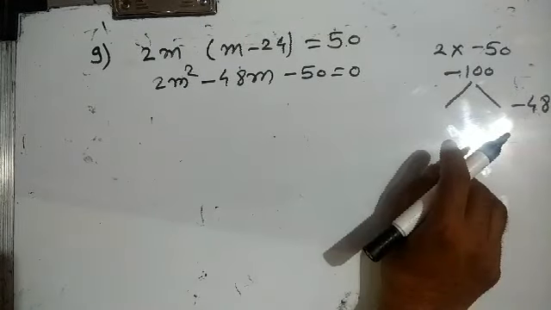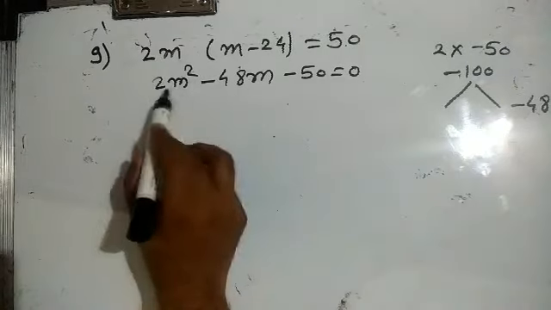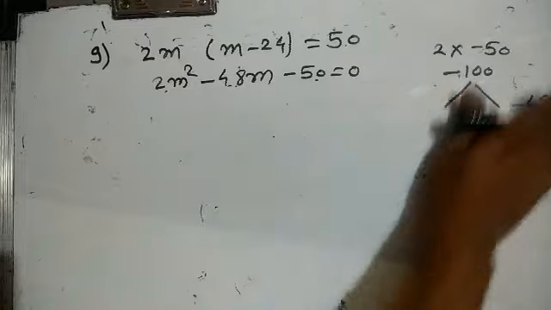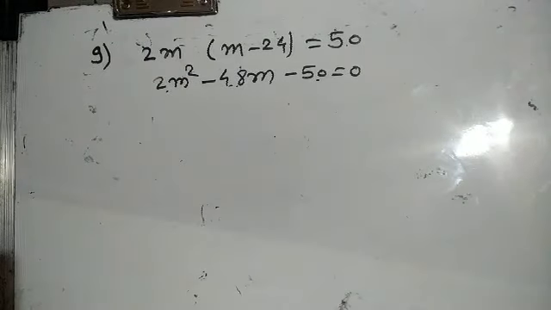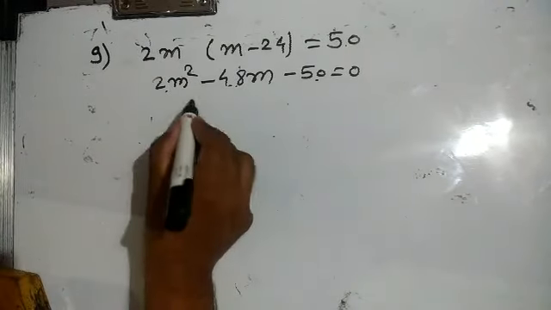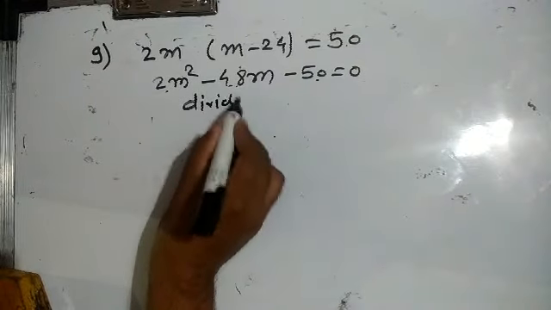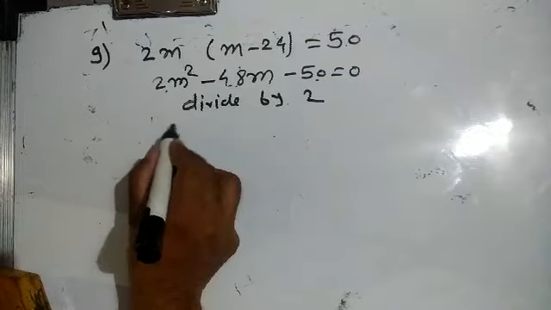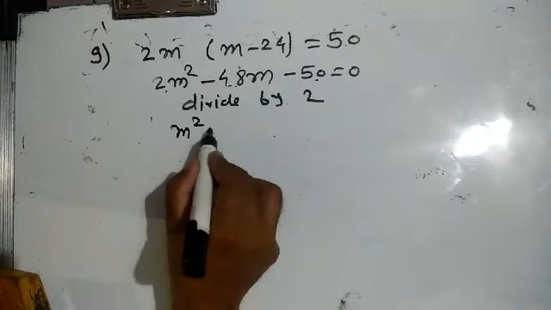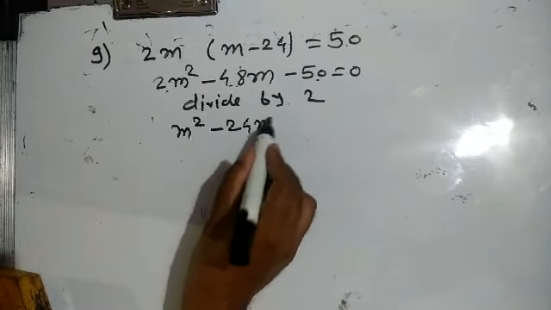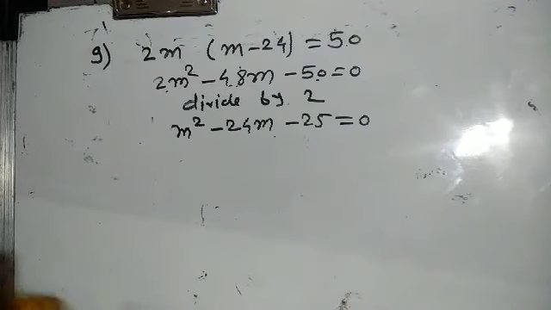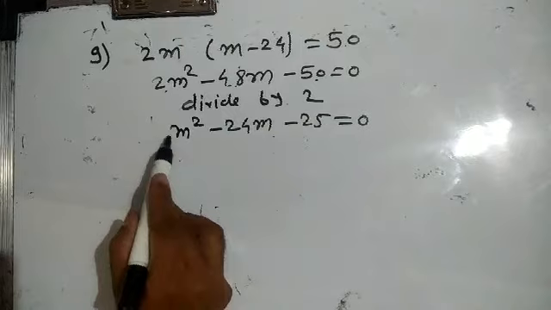There is another way to solve the same problem, because this 2, minus 48, minus 50 are all multiples of 2. Therefore instead of this we divide throughout the equation by 2. What we get? We get m² minus 24m minus 25 is equal to 0, a simple equation, where the coefficient is 1.